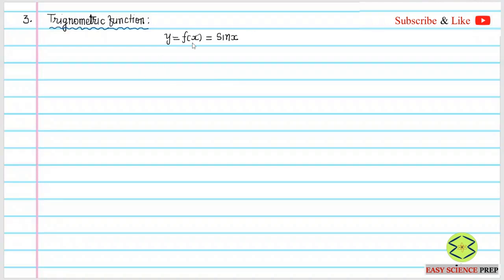So if I take y equal to f of x equal to sine of x, then what is going to be f of x plus delta x? I will change the value of x to x plus delta x, so that is going to be sine of x plus delta x.